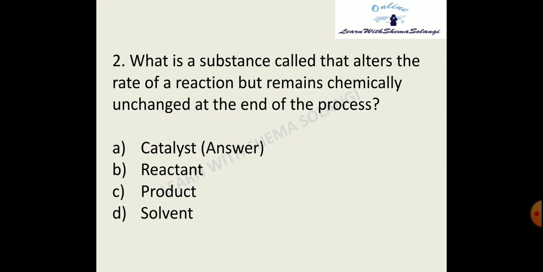The next MCQ is, what is the substance called that alters the rate of reaction but remains chemically unchanged at the end of the process? The correct option is catalyst. Other options such as reactant, product, solvent are wrong. A catalyst is a substance that increases the rate of chemical reaction without being consumed or changed in the process.